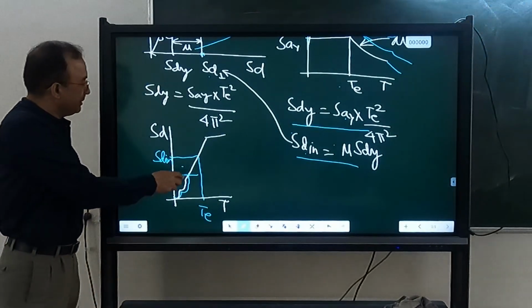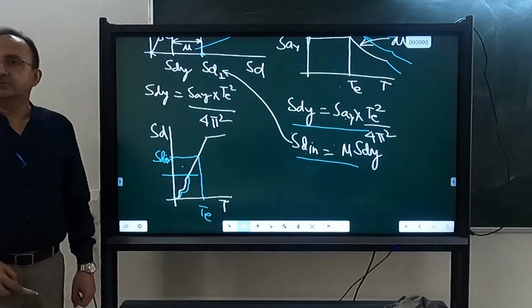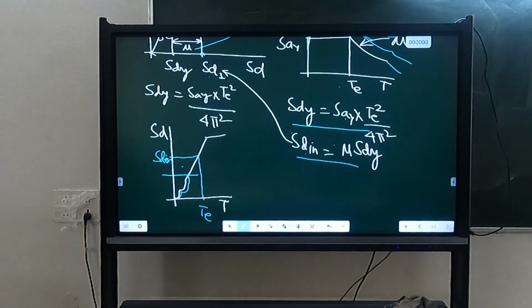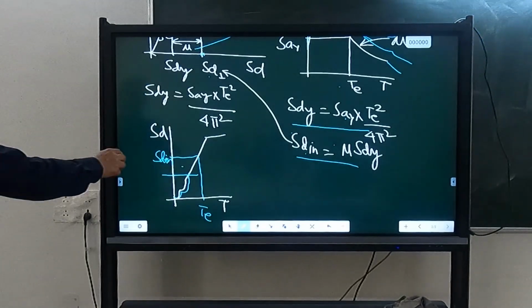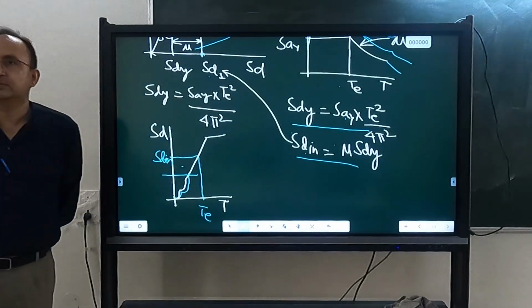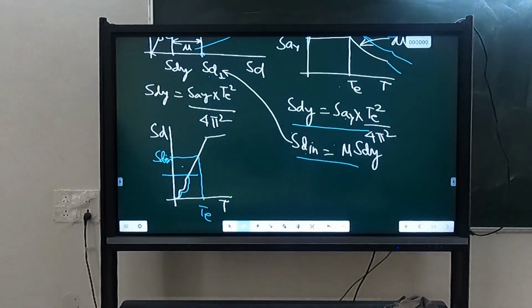And if luckily your period comes out to be in this range, you will not require it. But if your period is below this, then you have to use that equation.